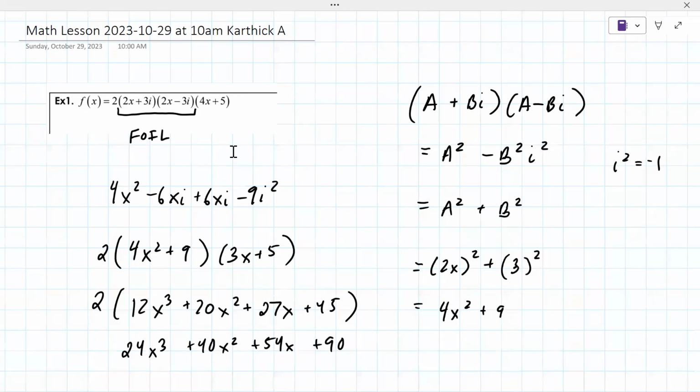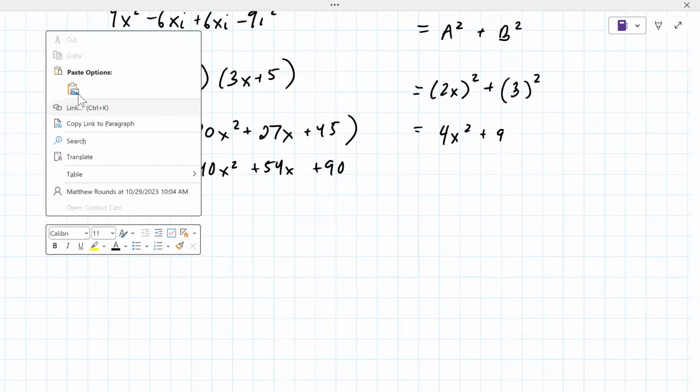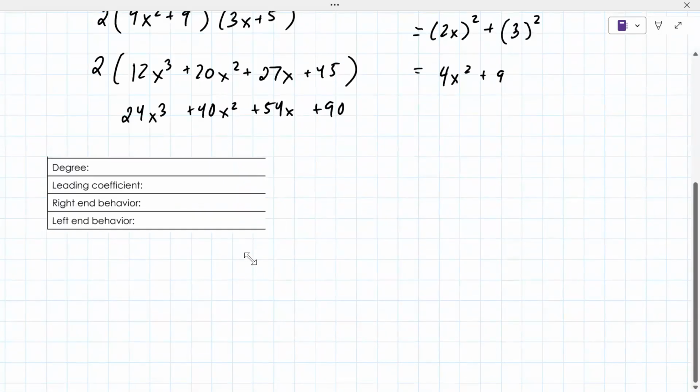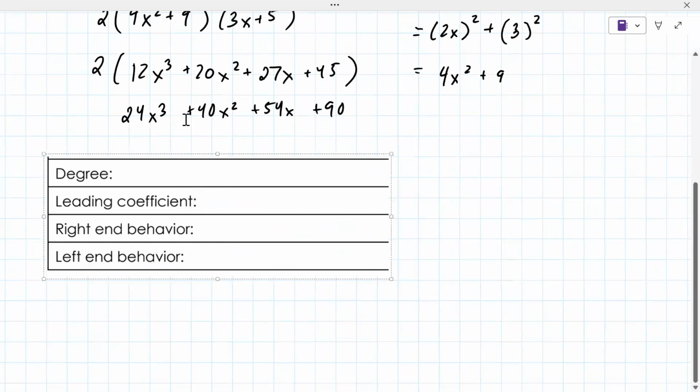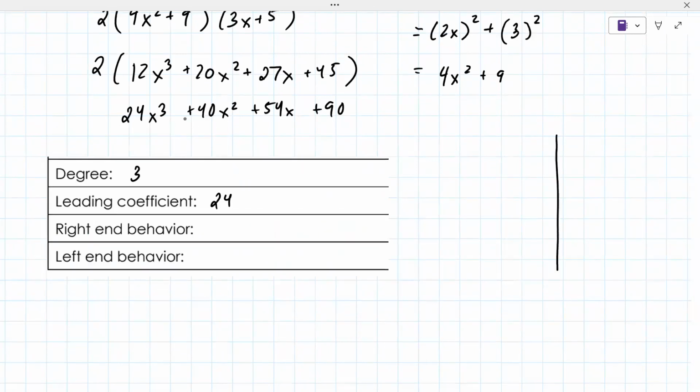If you can do all that, the rest of this is just stuff you've already done. The degree, leading coefficient, and all that. So if you can get to this, you got it. You're supposed to know those graphs. So since the degree is odd and it's a positive leading coefficient, we know that it starts low and ends high.